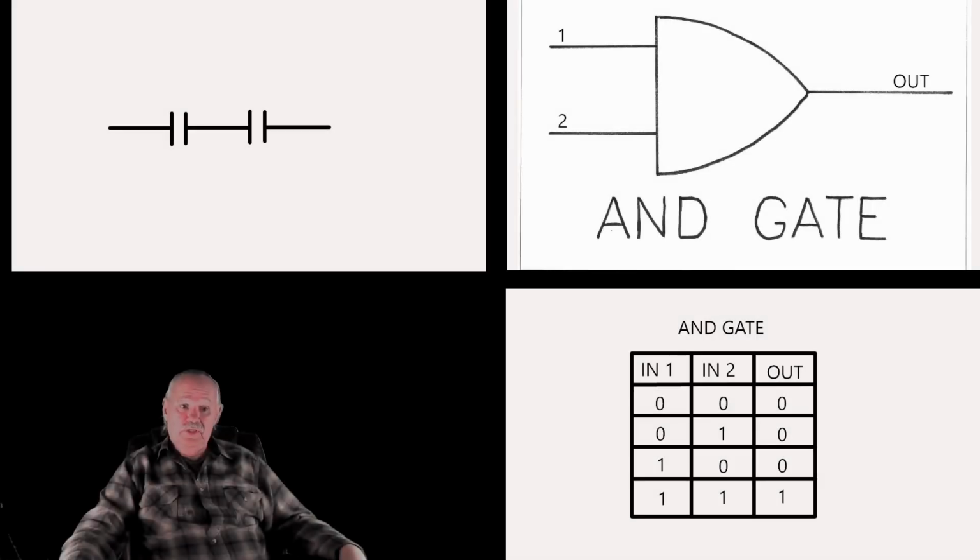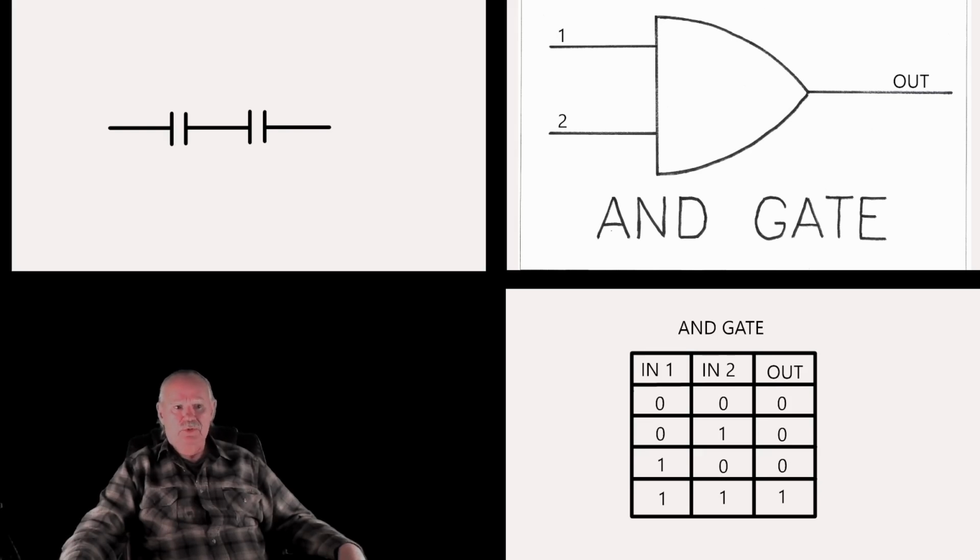We're going to use these graphics to explain exactly how the AND gate works. If you look at the first graphic, which is right above my head, you will see a series circuit there. It has two sets of contacts. If you look at the AND gate, which is immediately to the right of that, you will see it also has two inputs.